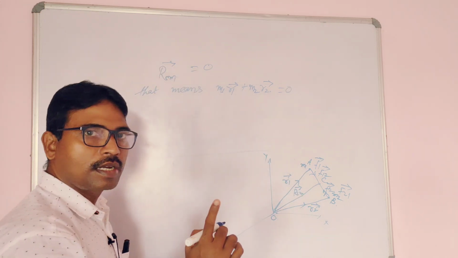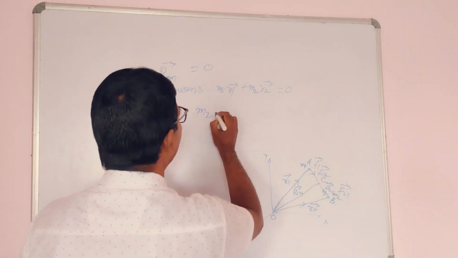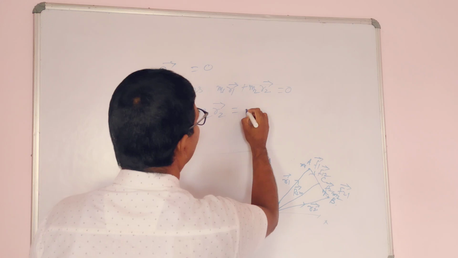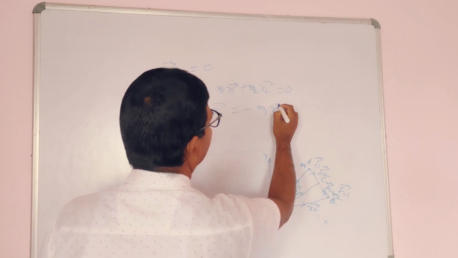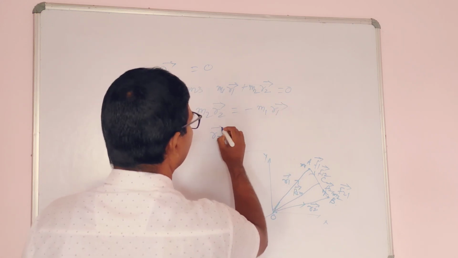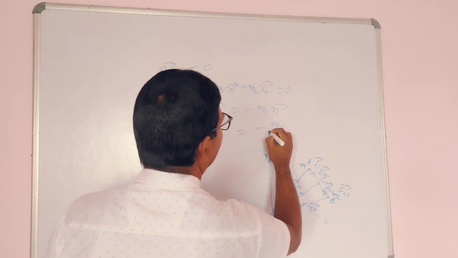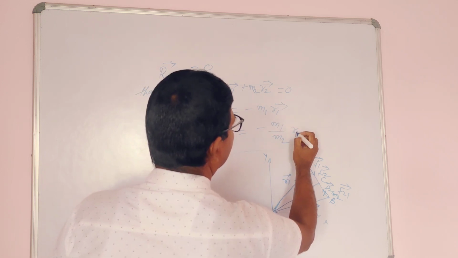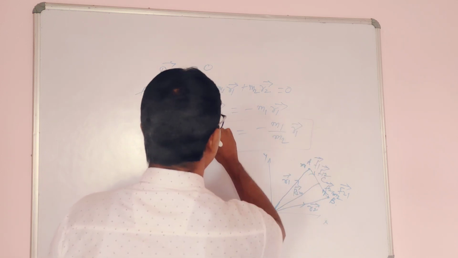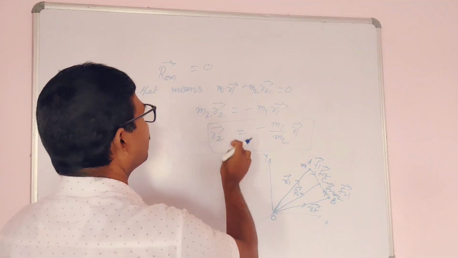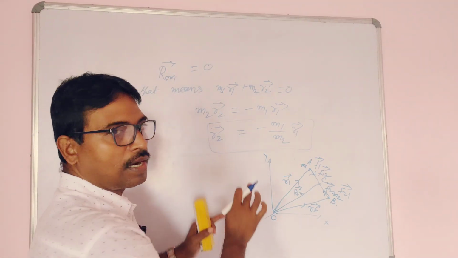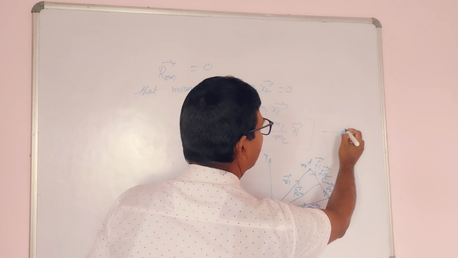Yes or no? Clear? So m2 r2 is equal to minus m1 r1, so r2 is equal to minus (m1 by m2) r1. Either you can calculate r1 or r2. This is another important point.